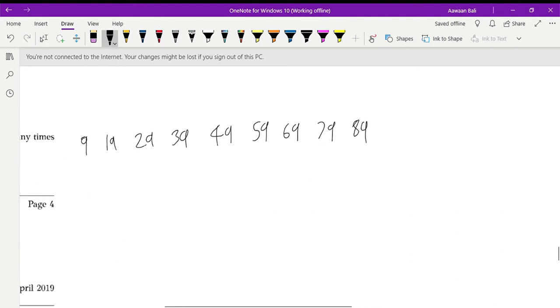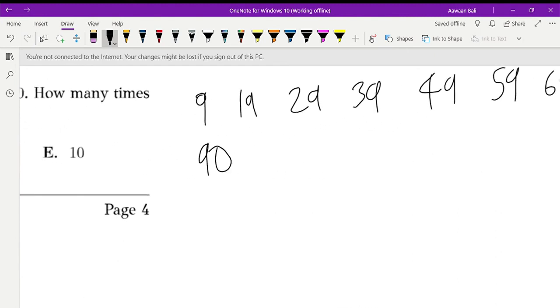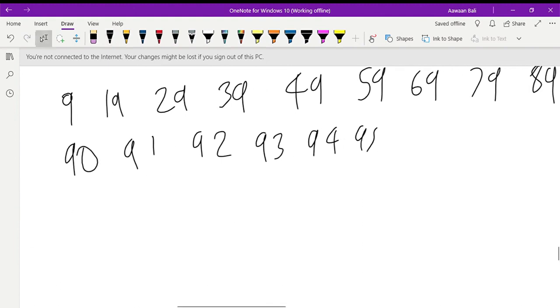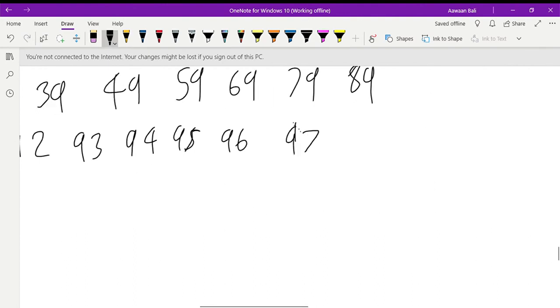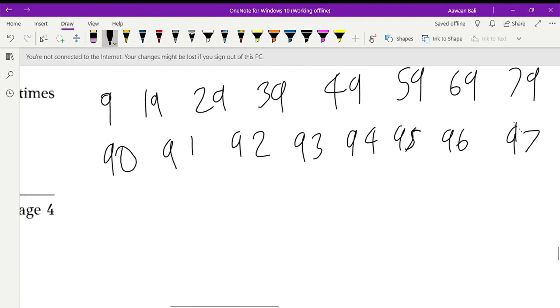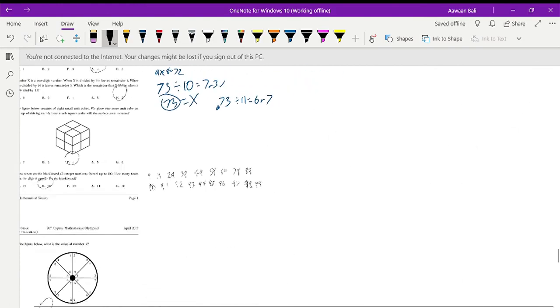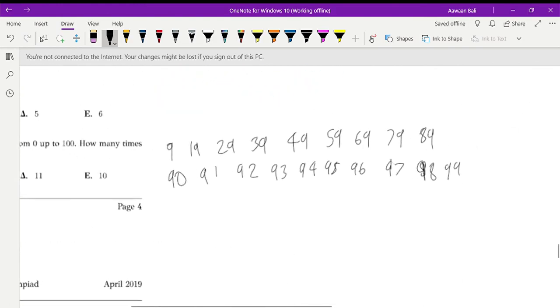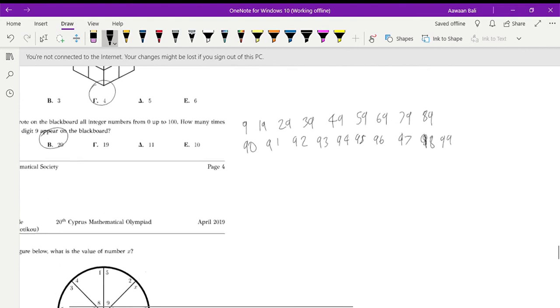And then we go to the 90s, which all have a 9 in them. So 90, 91, 92, 93, 94, 95, 96, 97, 98, 99. And then that would be all, because it's going from 0 up to 100.